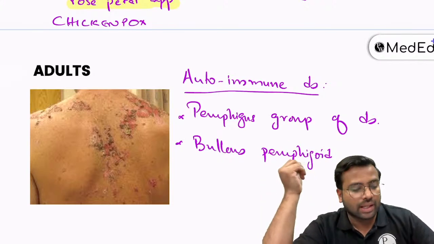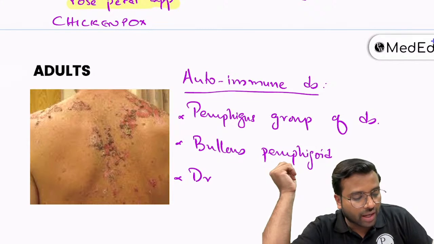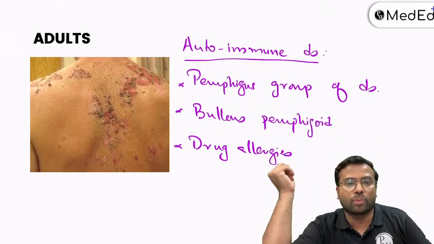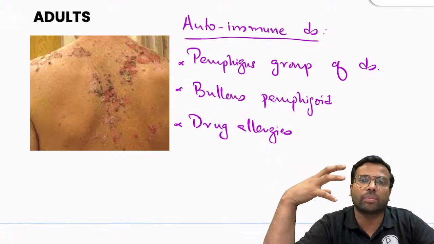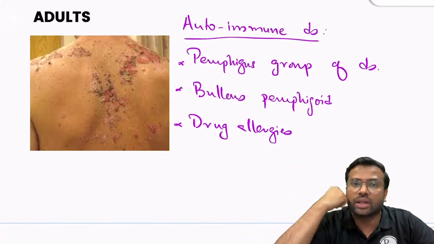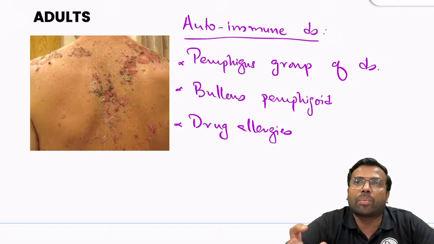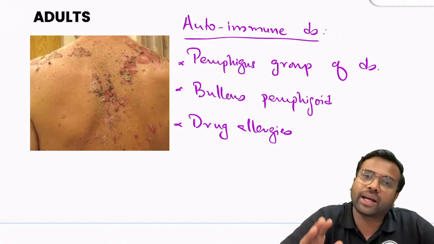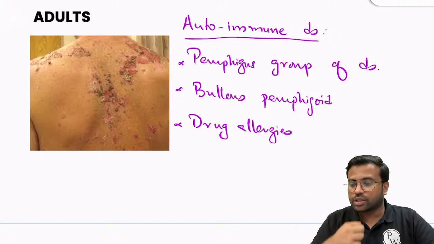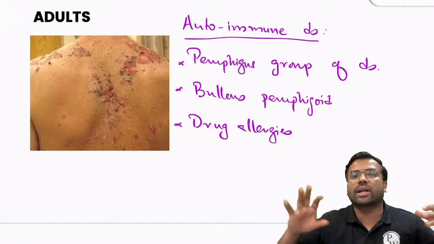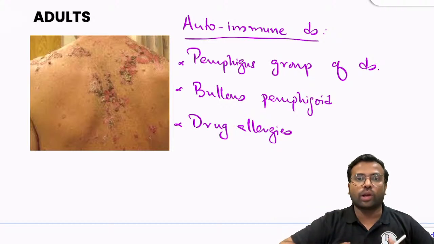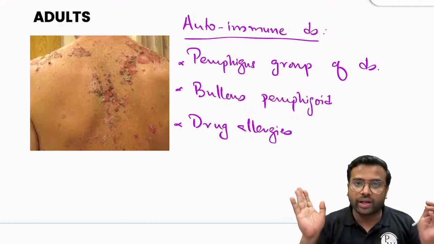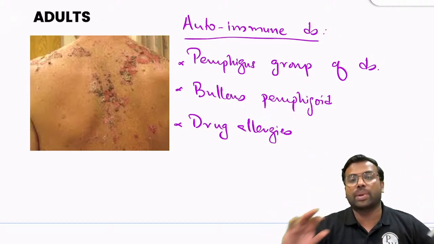Sometimes some severe drug reactions or drug allergies can also lead to a patient developing multiple bulla over the trunk. Let us take an example. A patient has taken a commonly prescribed antibiotic like amoxicillin. After consuming amoxicillin, the patient suddenly started getting a lot of bulla over the body, and these bulla started getting eroded, and he's having a massive peeling of the skin.